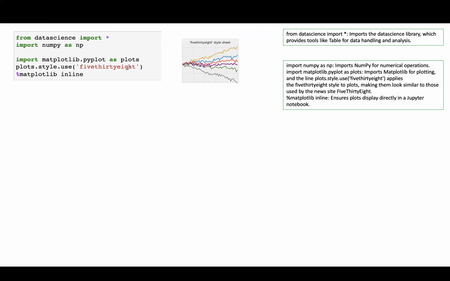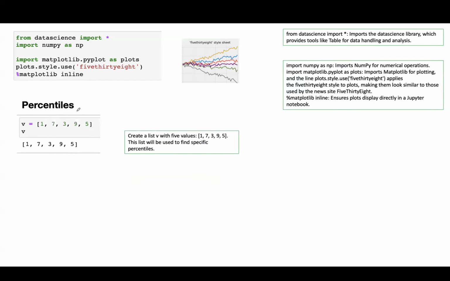Remember that 538 basically gives you the format like this. If you're not familiar with the 538 format, this is just a random example for you. Now let us begin writing some code for the percentiles.